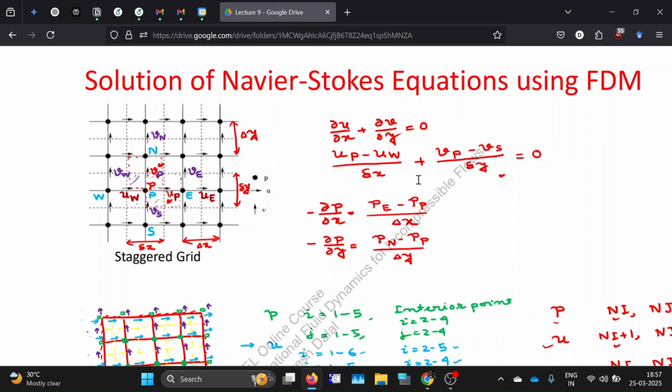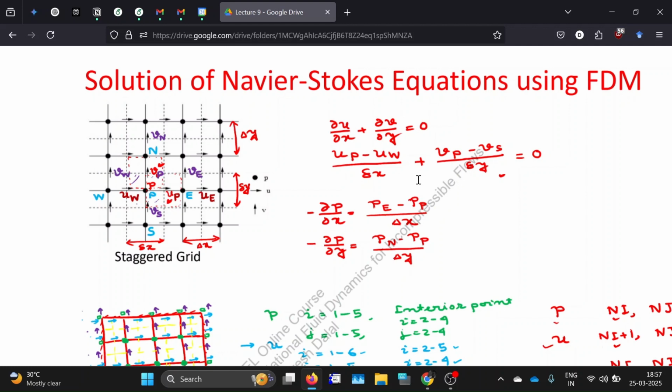But when I am at pressure, then I go to the phase. I basically mean that when you're calculating this del u by del x in the very first equation of continuity, my primary cell is this main cell P, and when I am calculating the pressure gradient del P by del x, then my main cell is the phase.